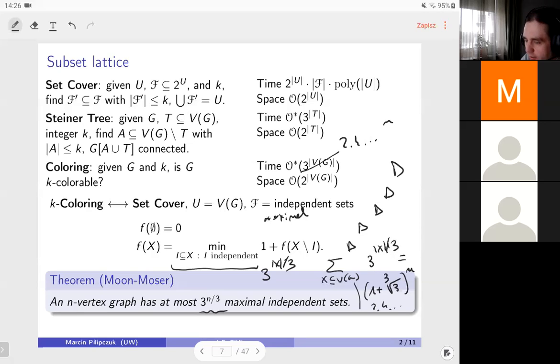It's not very complicated. This theorem is just observing how to enumerate them well.